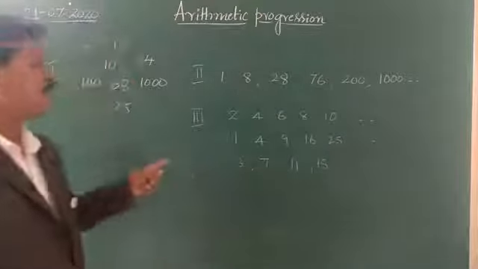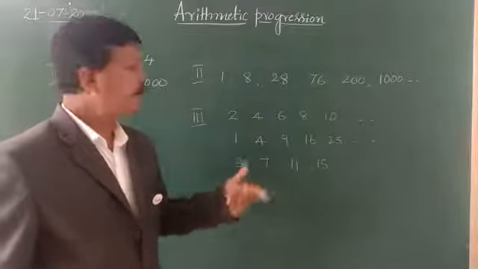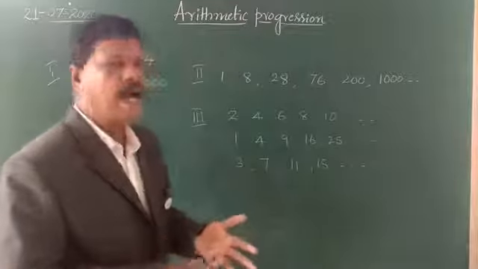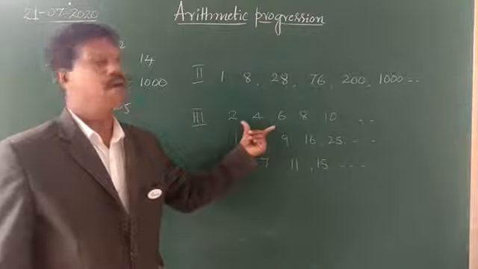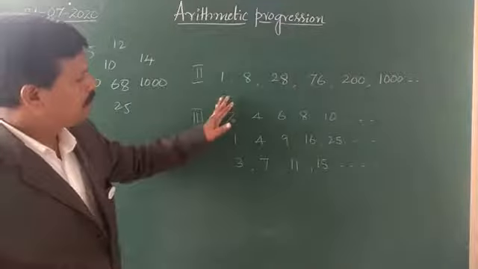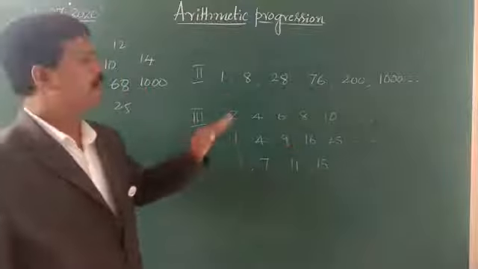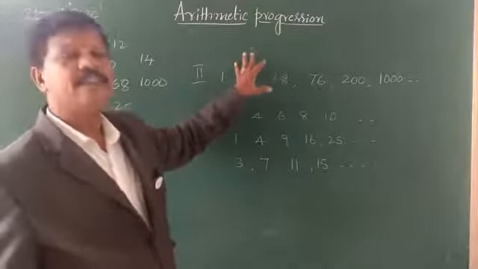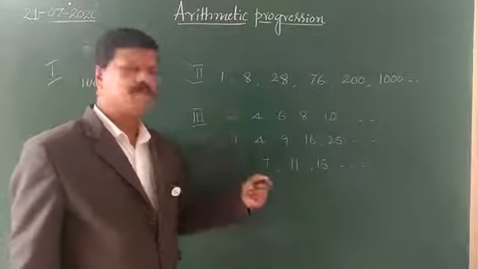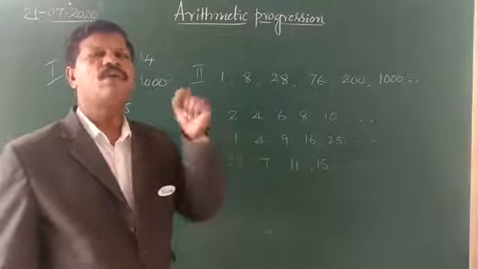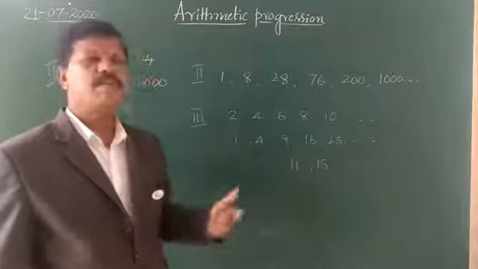Those sets of numbers which are written according to some definite rule, and rule means it should be in order, are called sequences, or progressions. The first two do not form a sequence, but the third does. So the definition of a sequence is a set of numbers written according to some definite rule.